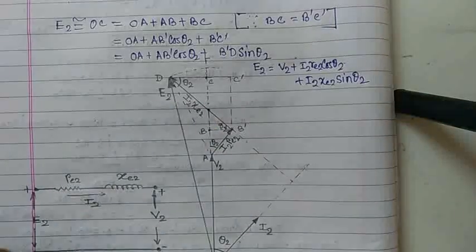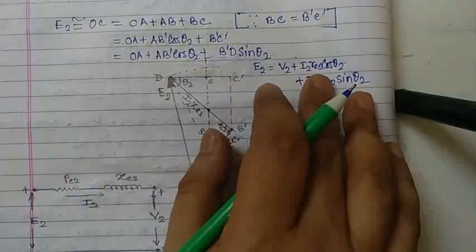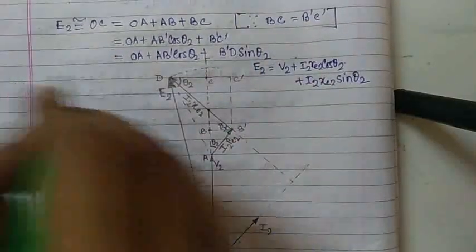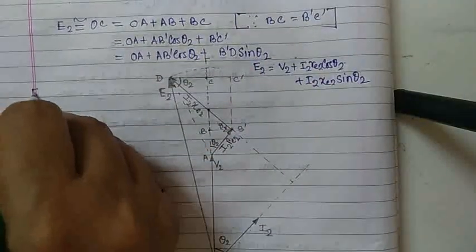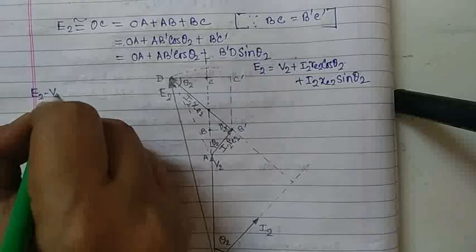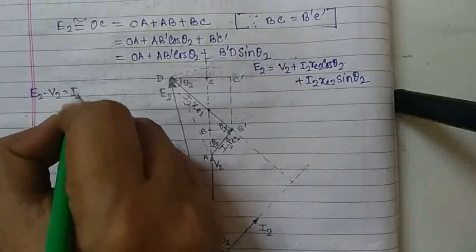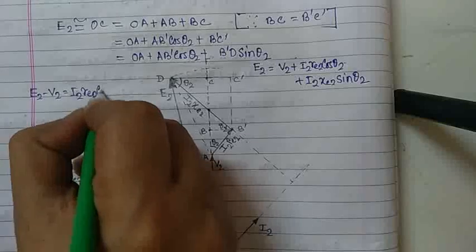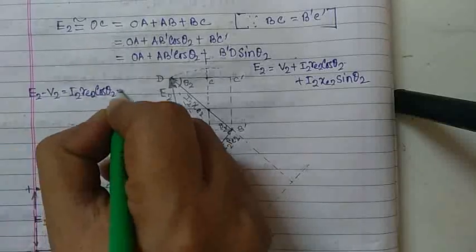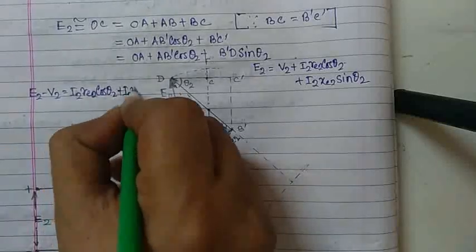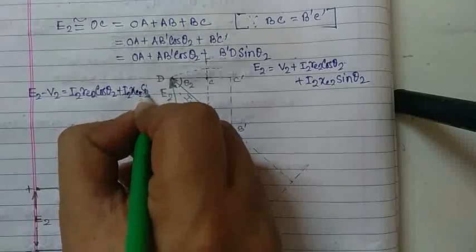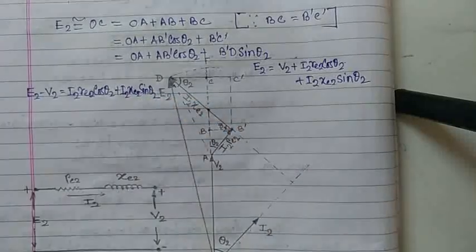Okay, very simple. Now from this equation you can write E2 minus V2 equals I2 RE2 cos theta 2 plus I2 XE2 sin theta 2.